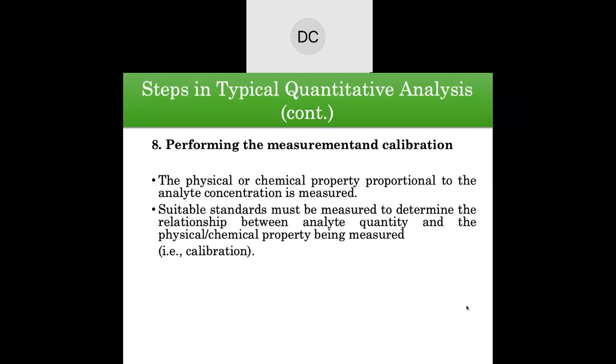So, awak kena sebelum analyse sample, before you analyse your own sample, yang sample awak collect daripada air contohnya tadi yang dah di-treat, dah dibuat treatment, and you believe that all the interference has been removed. So, now you need to do a standard calibration curve.